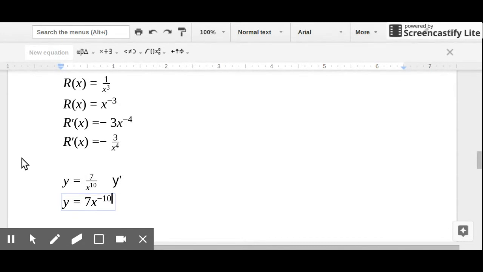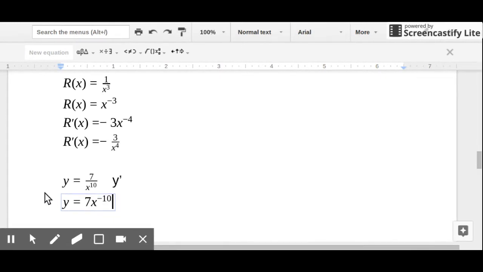It's a positive 10. Bring it up, and it becomes a negative 10. Be careful, they might try to trick you and make this a negative 10. This could be written as x to the negative 10th down here in the denominator, so when you bring it up, it becomes a positive 10, so be careful about that.